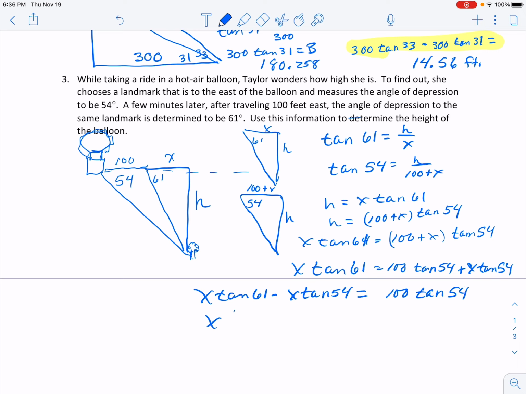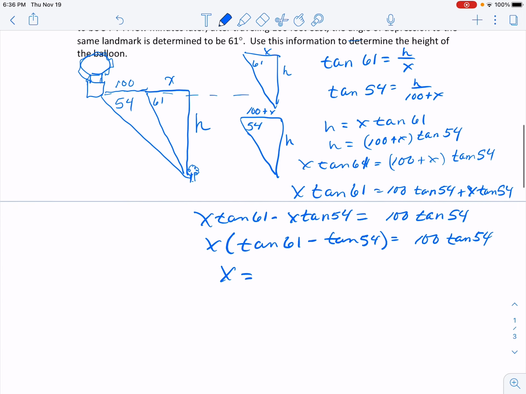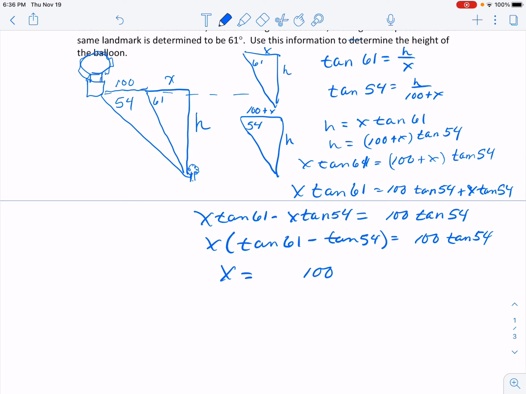Factor out your X. And then solve for X. Okay, that's calculator ready. I might want my answer that way.